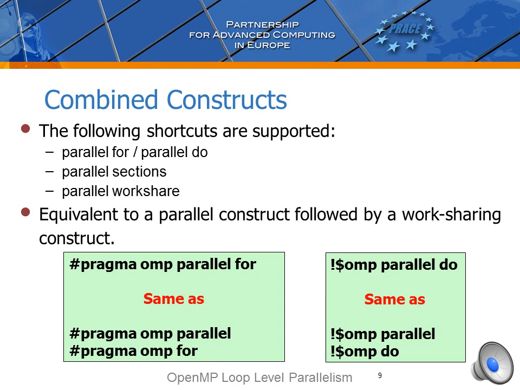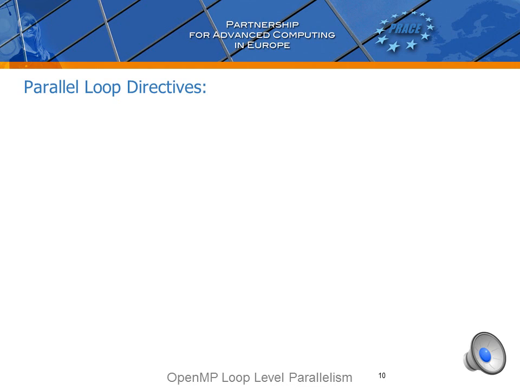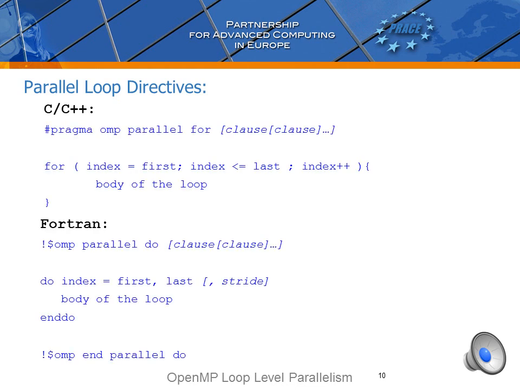Most of the rules, clauses, and restrictions that apply to both directives are in effect. However, there are some incompatibilities, such as the nowait clause. This slide shows the C, C++, and Fortran syntax for the parallel loop construct.